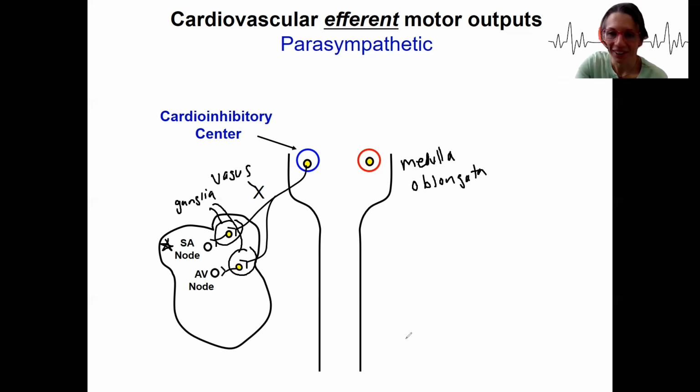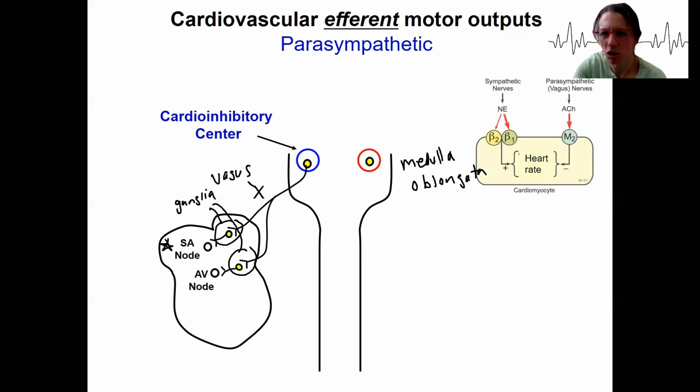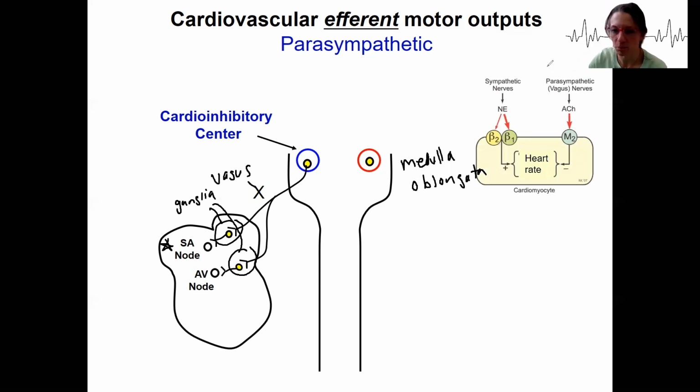How does this work? Well, what is released from right here? Acetylcholine. This image is a little similar to what I've drawn before, a little bit nicer picture. Acetylcholine is released from right here and binds to muscarinic receptors. M2 is muscarinic. These receptors are located within the heart cells, right? The cardiomyocytes, including here, we're looking at pacemaker cells.